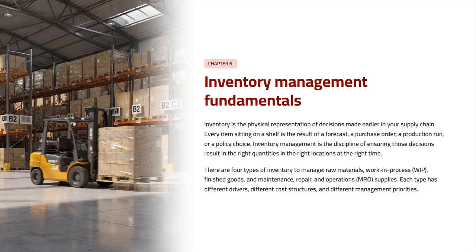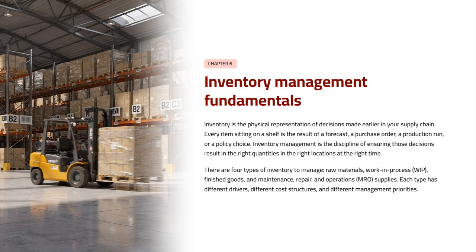In Chapter 6, we dive into the fundamentals of inventory management. Inventory is essentially the physical outcome of decisions made earlier in the supply chain. Every single item on a shelf reflects a forecast, a purchase order, a production run, or a policy choice. Inventory management is all about making sure these decisions lead to the right quantities in the right places at just the right time.